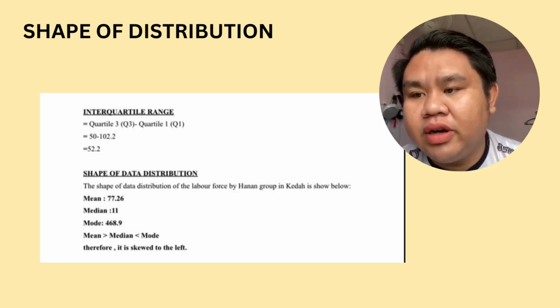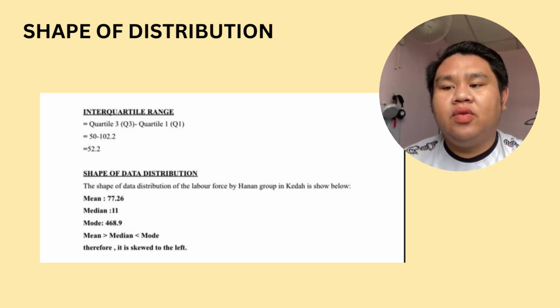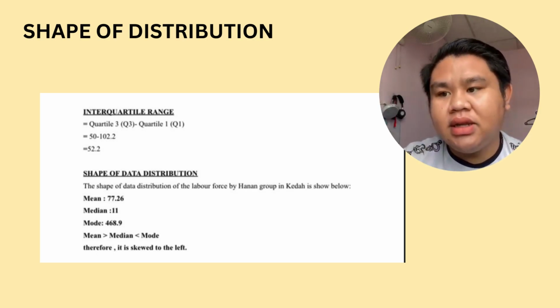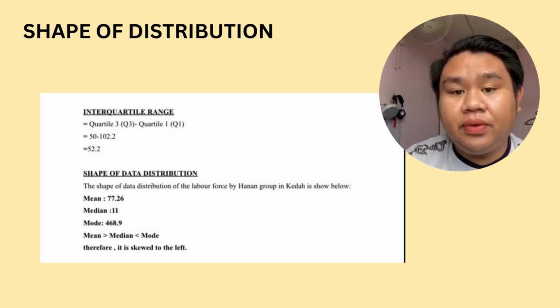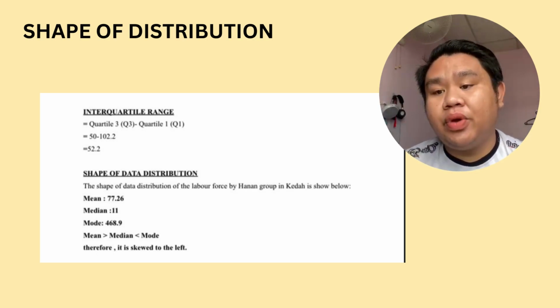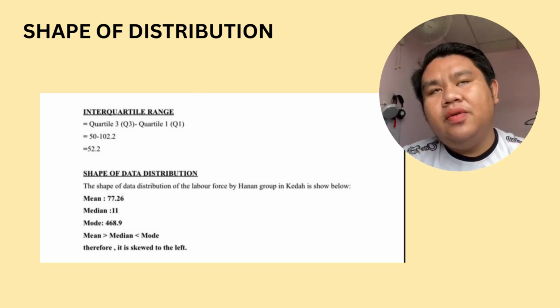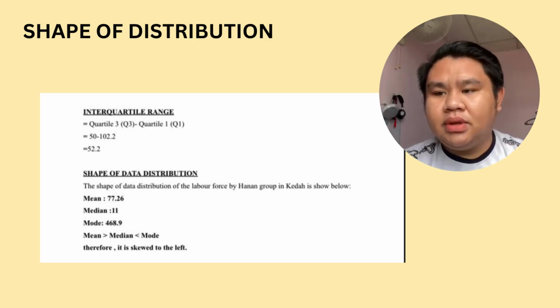The interquartile range is Quartile 3 minus Quartile 1. So we get 102.2 minus 50, and the calculated answer is 52.2.